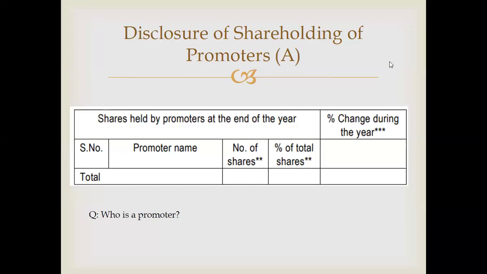The promoters are the people who actually promote the group, who actually support the group. If I give an idea, just take another example. How much shares does the Ambani family have in Reliance? Any number idea?